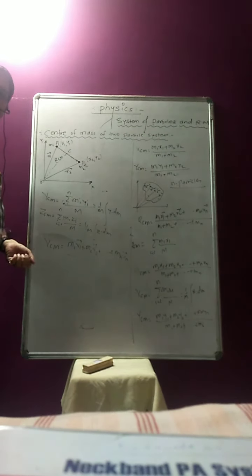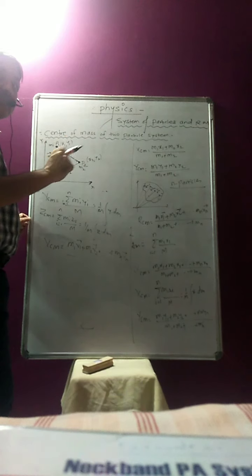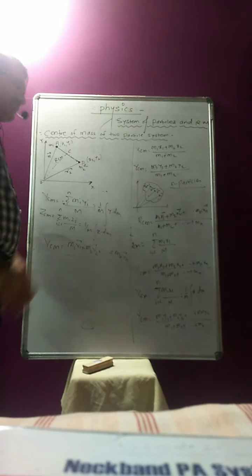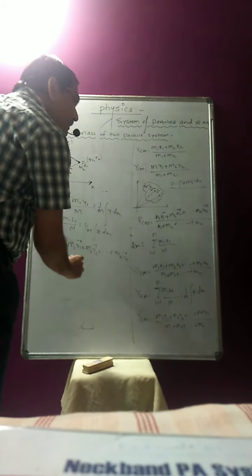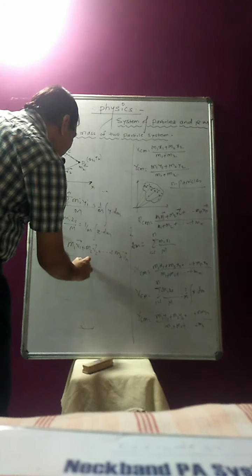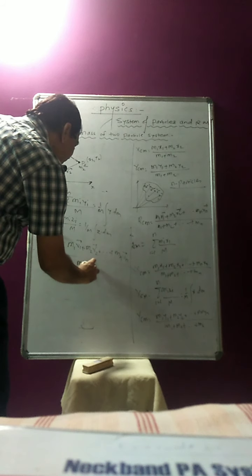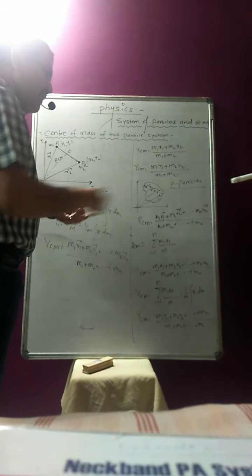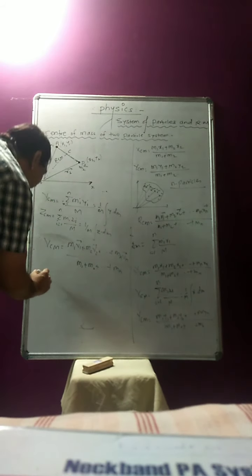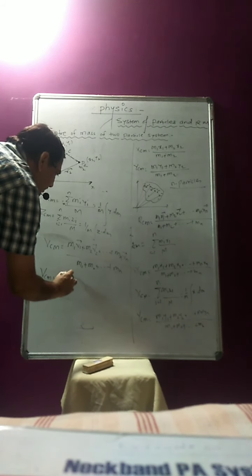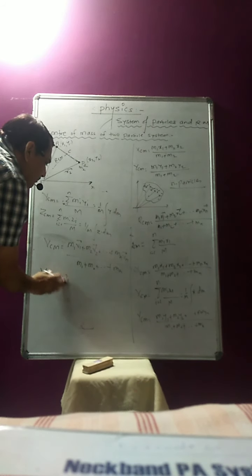So therefore I can say that the velocity of center of mass can be written as m1 v1 bar plus m2 v2 bar plus up to mn vn bar upon the total mass of the system, meaning m1 plus m2 up to mn.